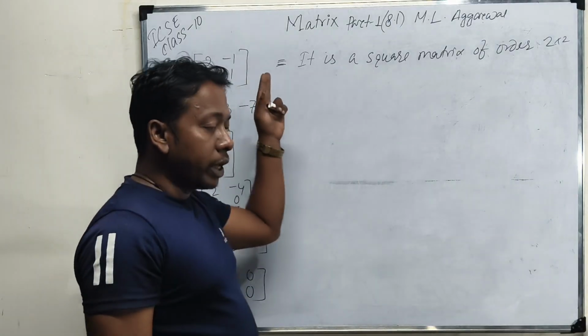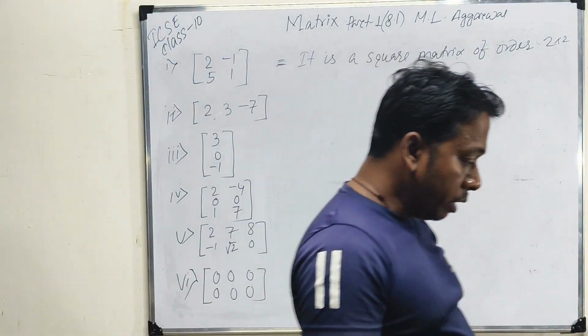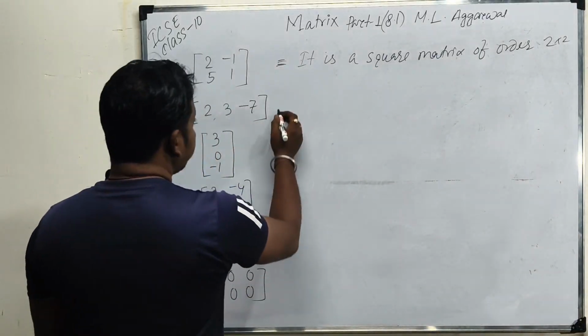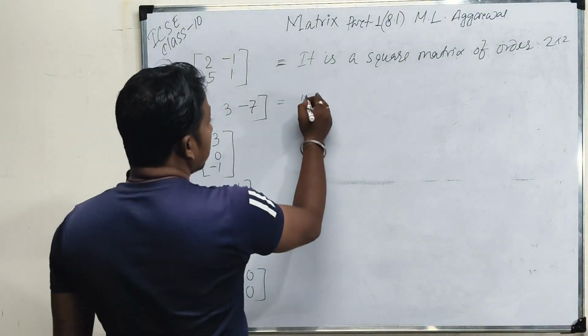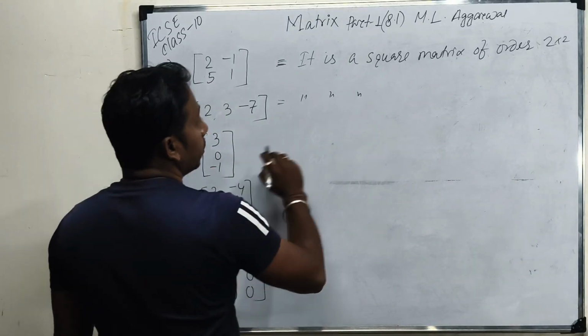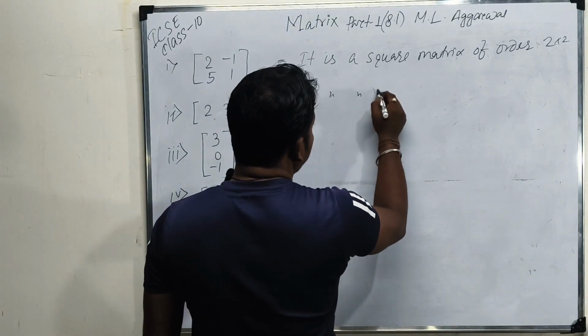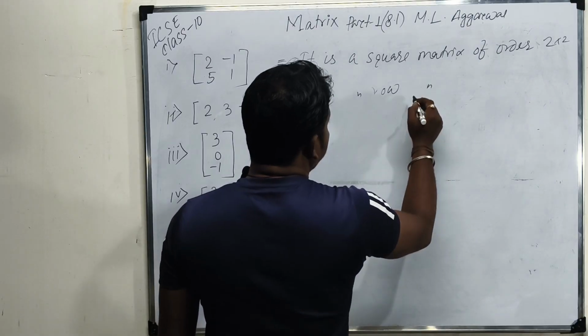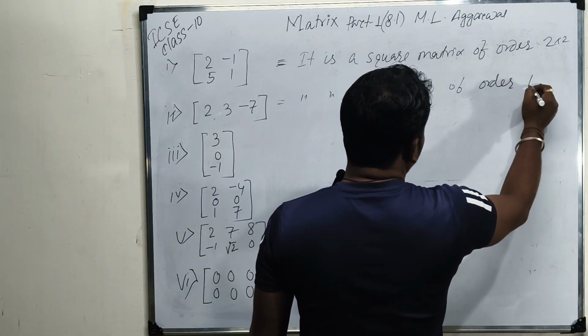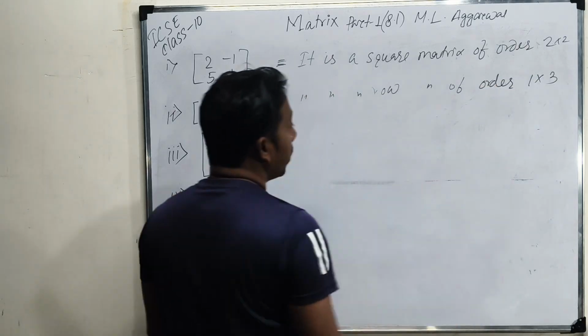Because the number of rows and the number of columns are the same, so that is why it is a square matrix. So here it is a row matrix because a row is given, so it is a row matrix of order 1 into 3.